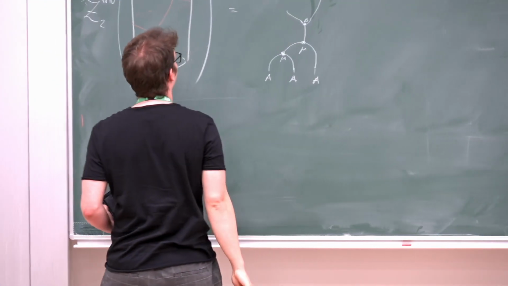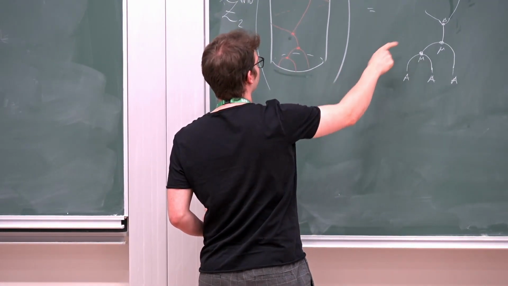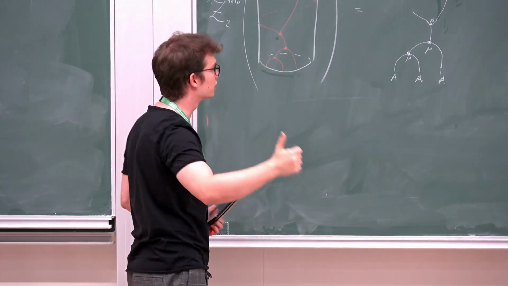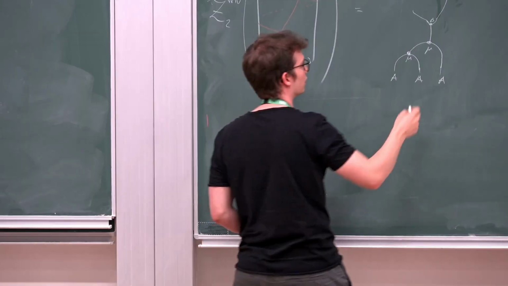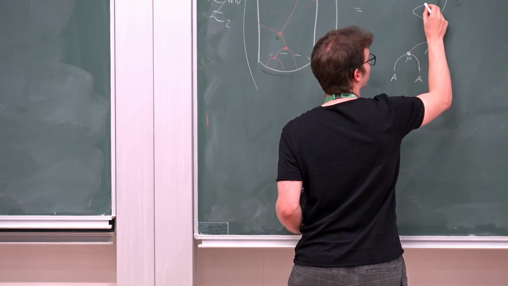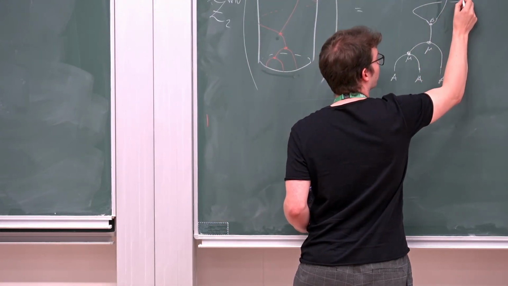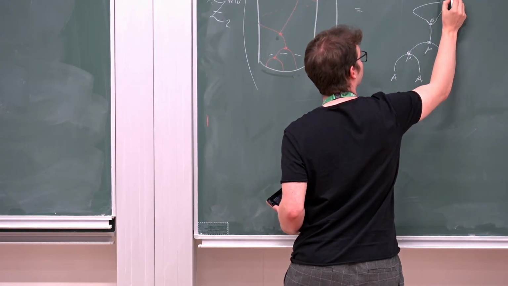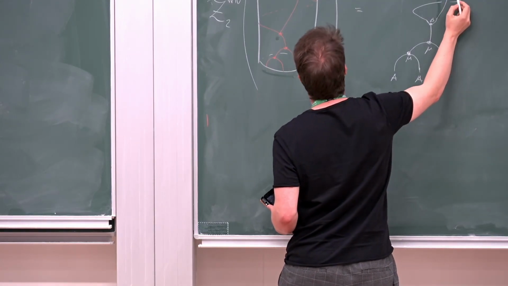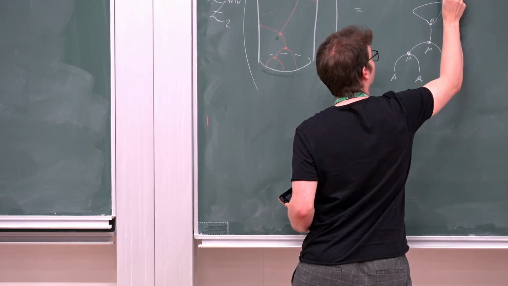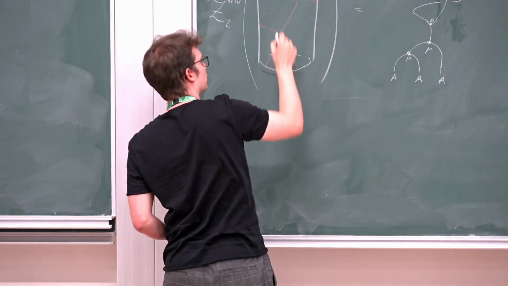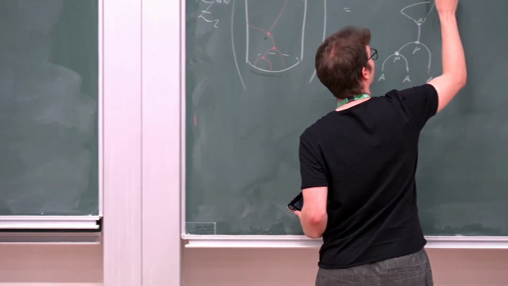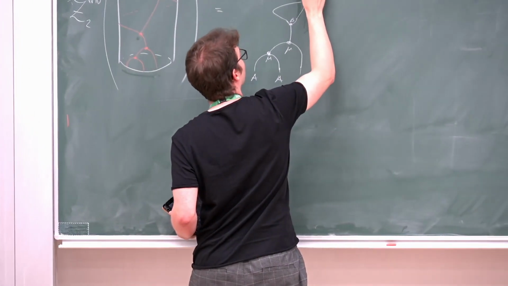We have something over there, and now we have this going around the back side. This is just the braiding in the graphical calculus. So behind this, we're going to this, and this is a multiplication again. Going into the rest of this, and this is just the bottom part again, but with the co-multiplication.